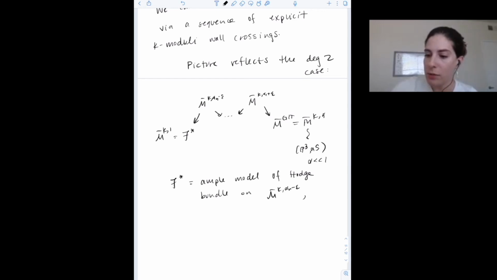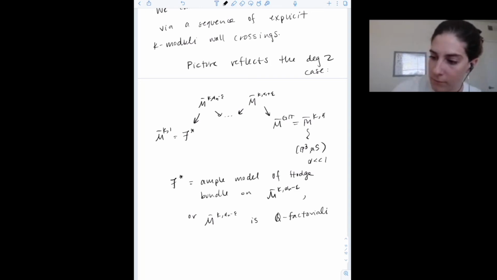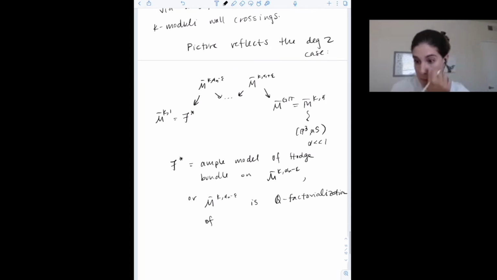Or you could also view this map as the Q-factorialization of both, actually individually, this map drops Picard rank by 2, Q-factorialization of these divisors HH and HU, parameterizing the hyperelliptic and unigonal K3 locus.